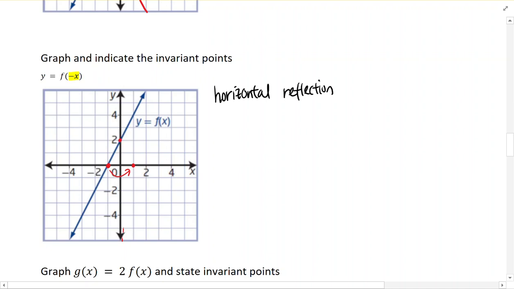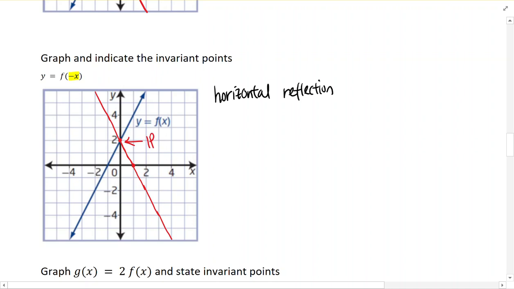Any point that is on the y-axis will stay as is, and then we can just graph it. Okay. So the invariant point here is right there.